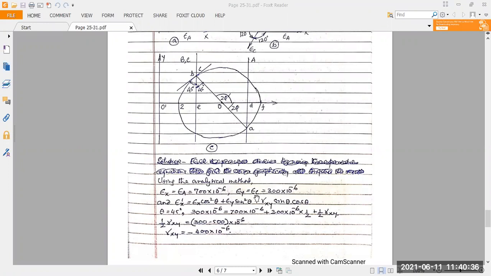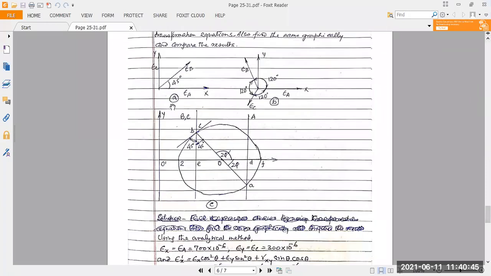Epsilon Y is equal to epsilon C, which is vertical like here. So epsilon A is equal to epsilon X, which is horizontal along the line OX, and epsilon C is equal to epsilon Y, which is vertical.